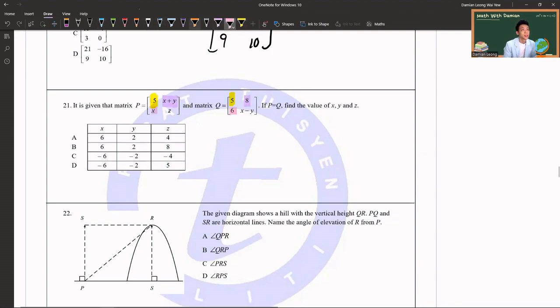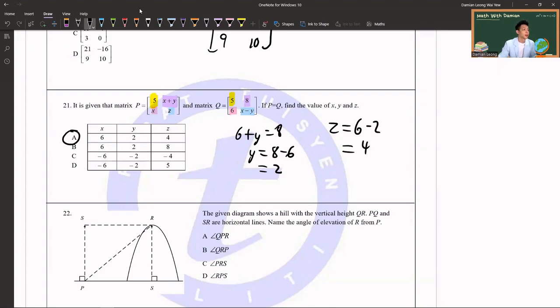X should be 6. And z should be x minus y. So x is 6. Definitely x is 6. 6 plus y is 8. So y is 8 minus 6, which is 2. And then z is x minus y. 6 minus 2, which is 4. So 6, 2, and 4. Answer A.